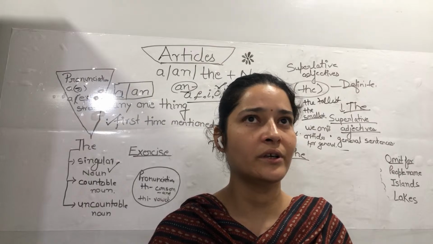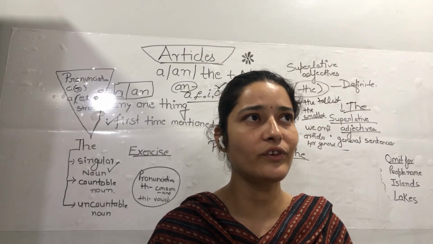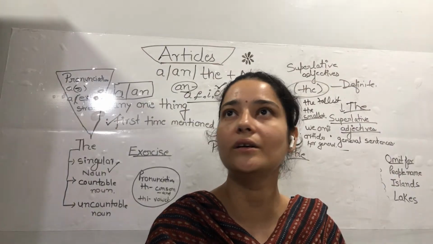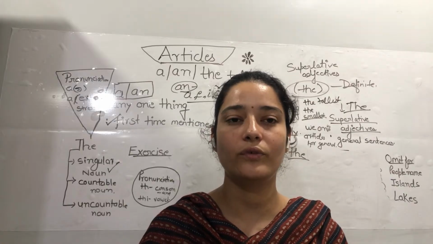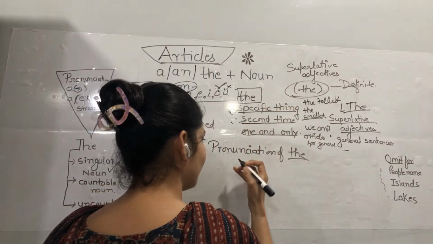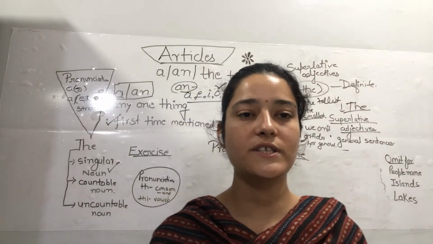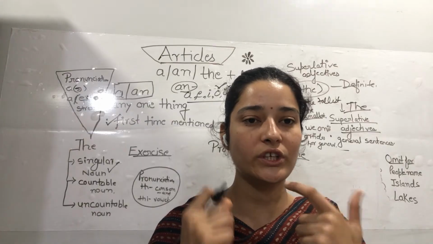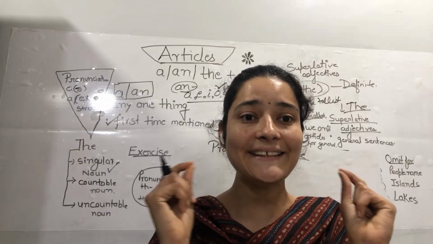When we were young in the primary classes, we were confused. Somebody said the, somebody said the. Why the and the? What is the back and forth of this game? You can see my tongue coming out, the and the.